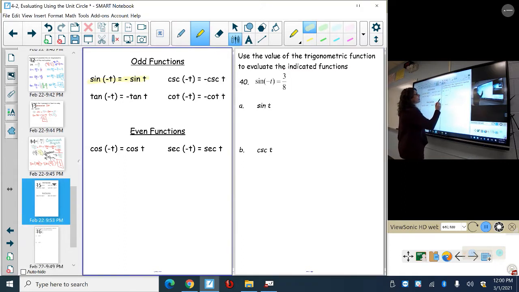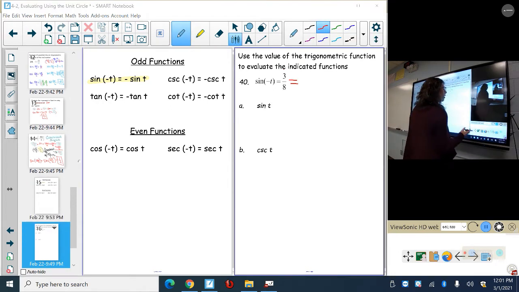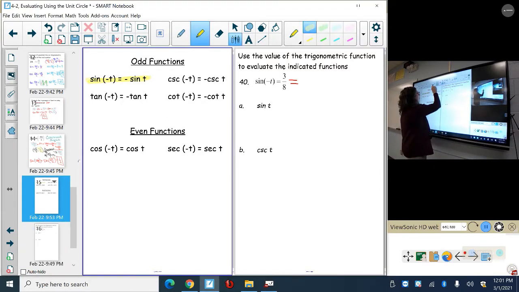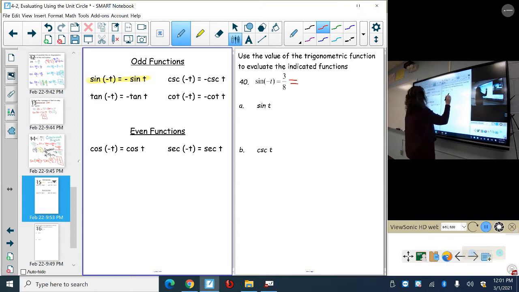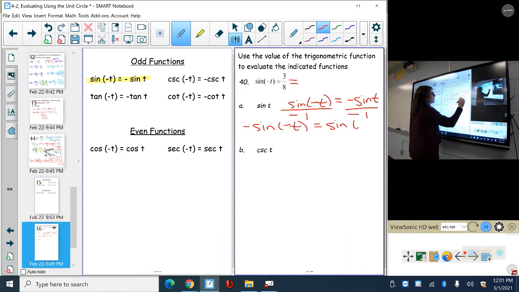That means that the sine of t, if I take that function, the sine at negative t is equal to negative sine of t. So if I divide that by negative 1, that means negative sine at negative t is equal to the sine at t.